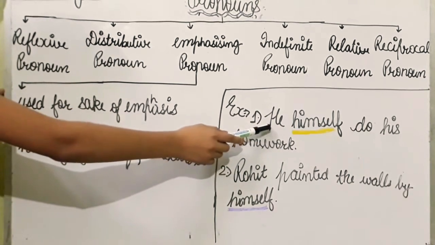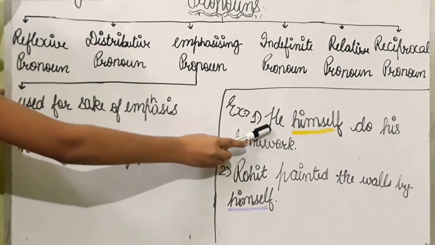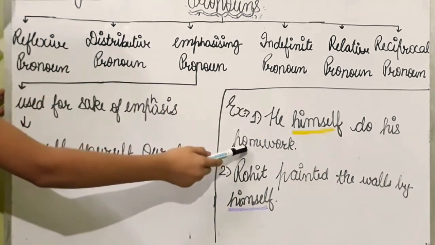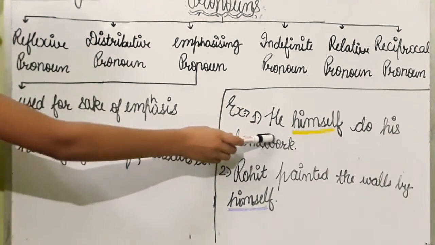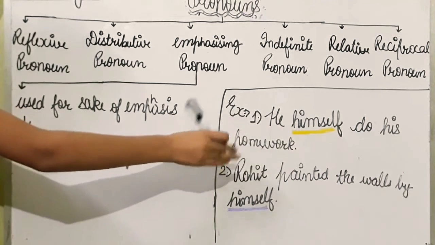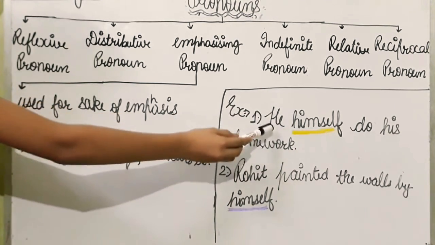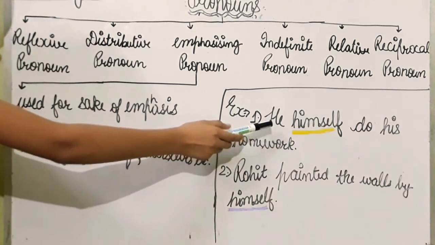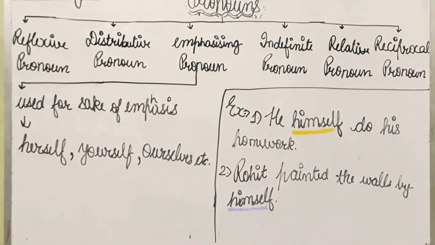So he is giving a special importance to the word he, because only he has done that homework. He has not taken the help of anyone else. So it is giving the special importance to this word. So this is the emphasizing pronouns.